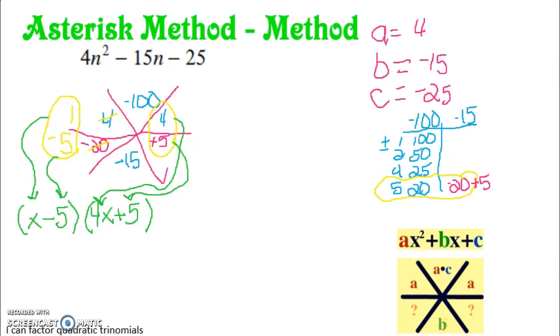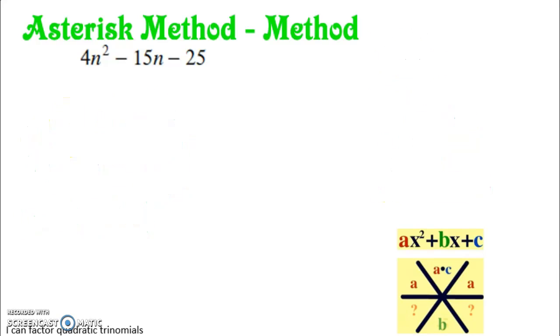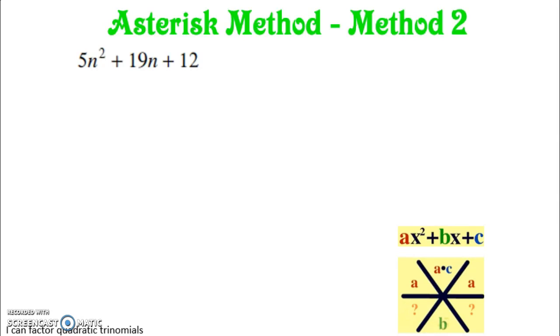We're going to try one more. Let's try this one: 5n squared plus 19n plus 12. So once again, you need your A, your B, and your C. A is 5. B is 19.